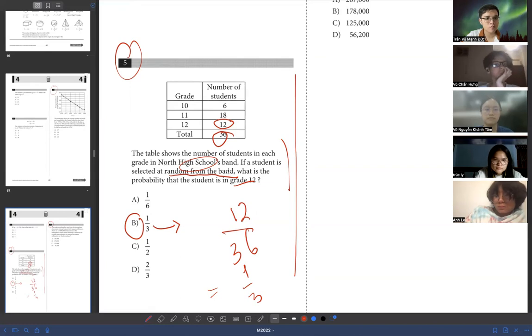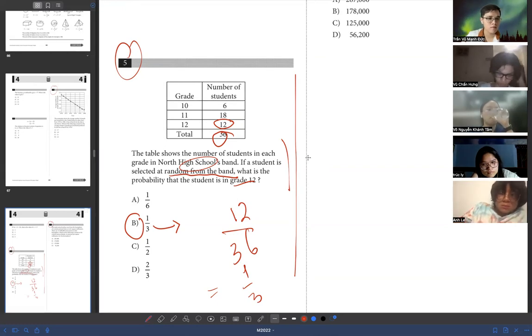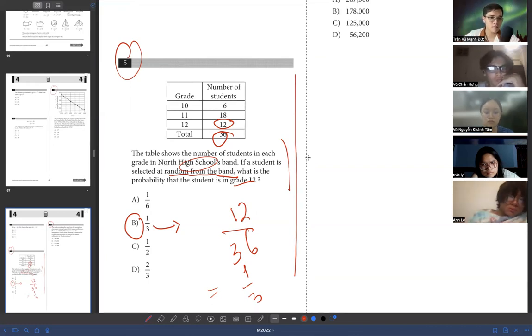But if I ask you, if I pick a student at random, what is the probability that the student has a grade of 11 and above?